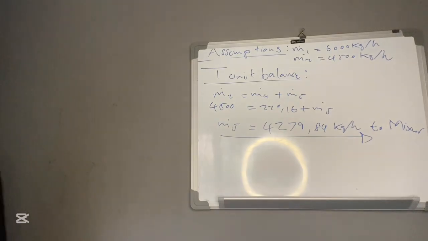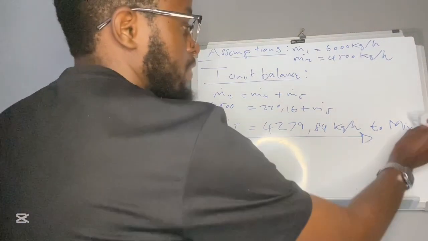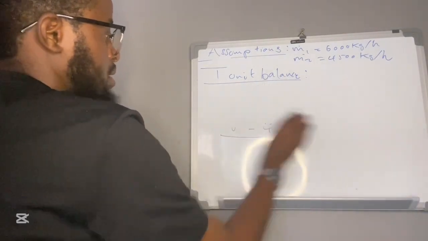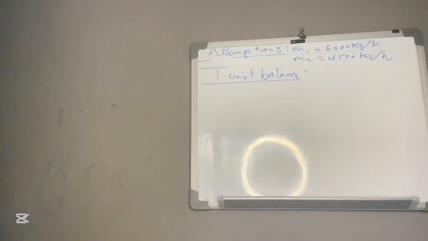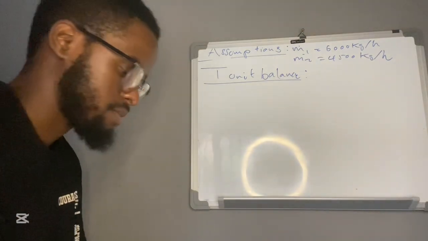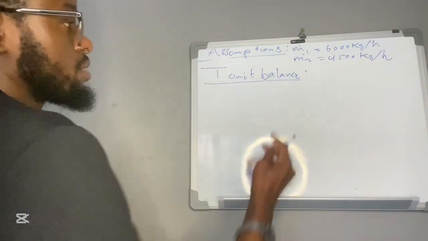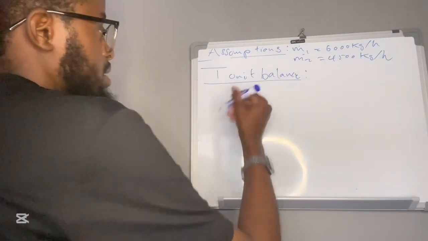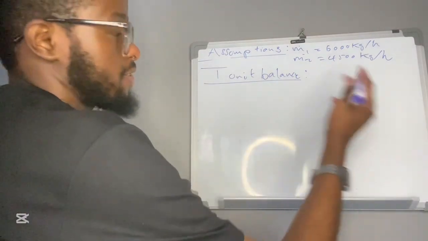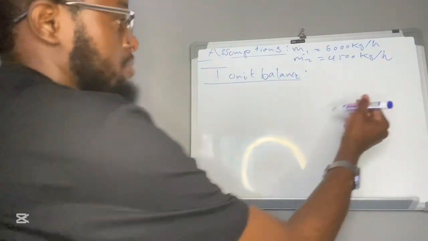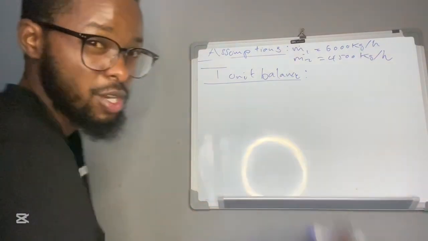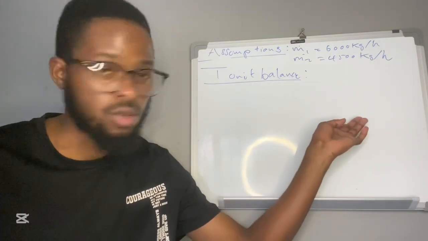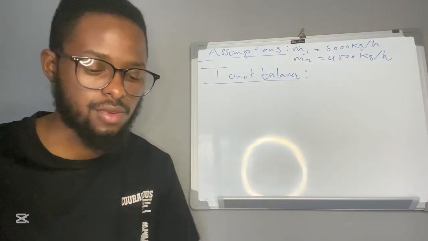And then we are on our way to finding M6, to the lagoon, right? Now that we know what M5 is, let's do the chromium balance, because we also have an unknown for chromium there. We have M5 and, remember on the flowchart, the chromium fraction X5. So now let's find the unknown.